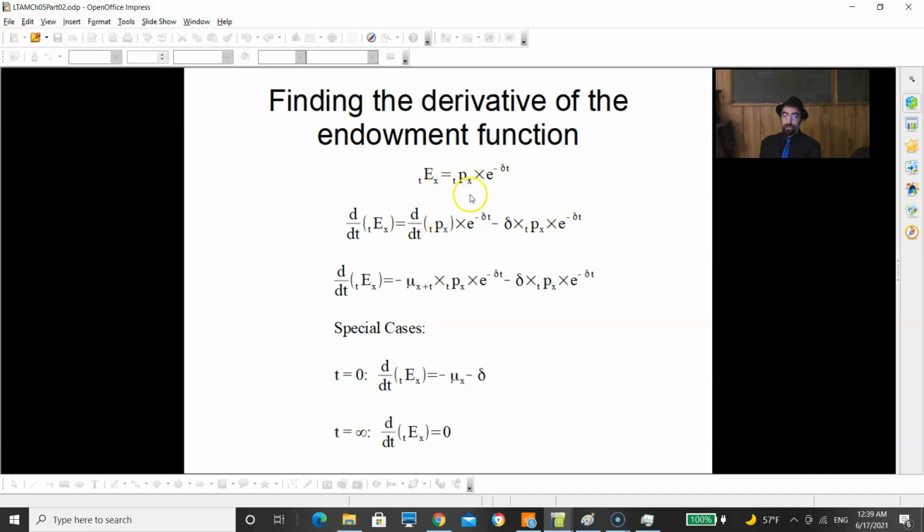And so when we're differentiating, we have to use the product rule, right? Because both of these depend on t. Here, we just multiply by delta as we're differentiating e to the negative delta t, so we multiply by negative delta, rather.